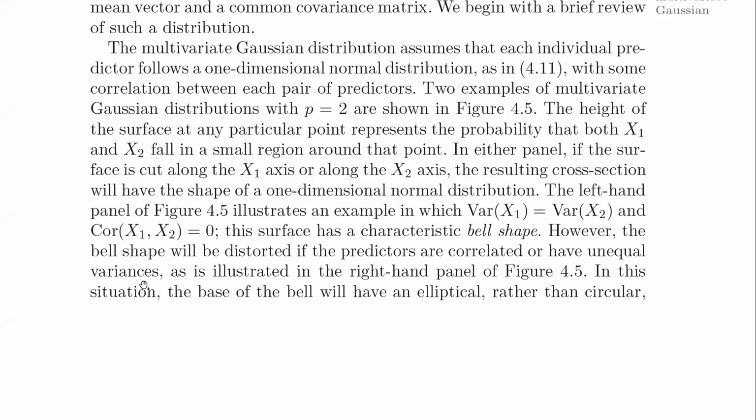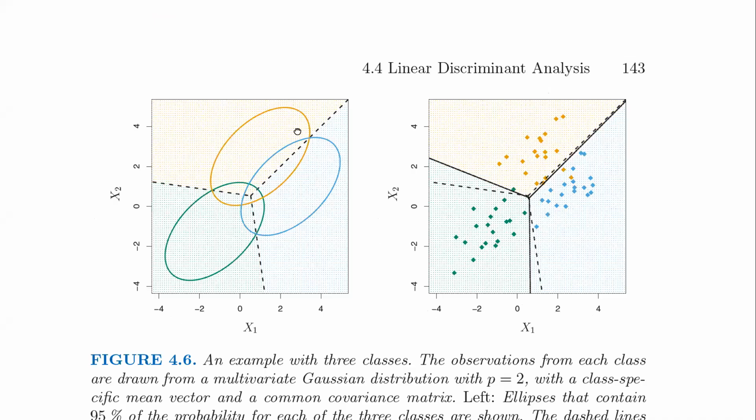Or have unequal variances, as is illustrated in the right-hand panel of figure 4.5. In this situation, the base of the bell will have an elliptical rather than circular shape.